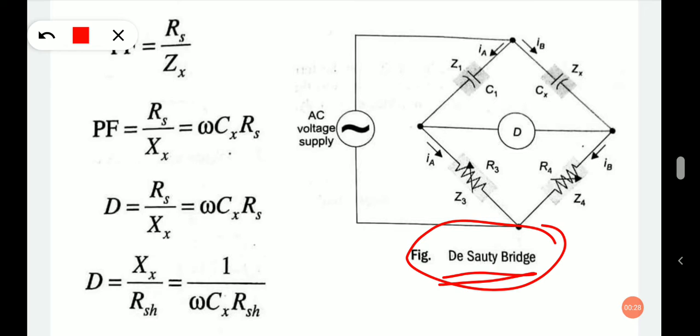It is also known as the simple capacitance bridge, and it is used to measure an unknown capacitance value, whose configuration is shown in the figure.